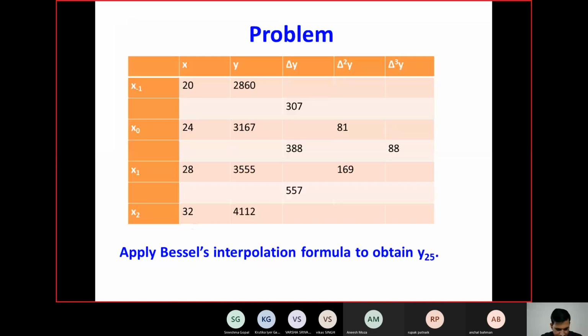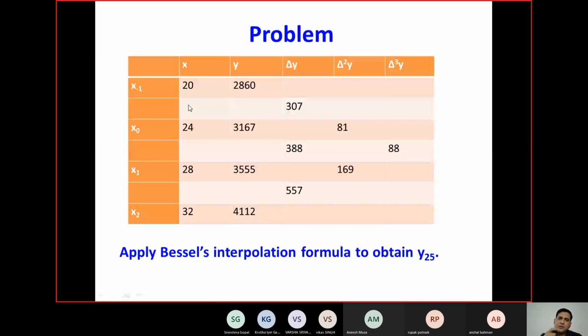So this is the example here. First, your data points are there, x naught, x values are given. And you can see this is again for equally spaced data points. You have taken h, the step size.